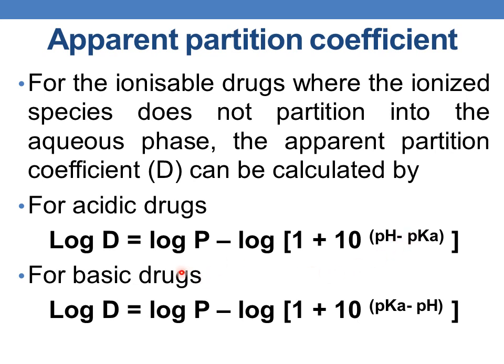For basic drugs, log D is equal to log P minus log of 1 plus 10 to the power of pKa minus pH. Using these formulas we can calculate the apparent partition coefficient of ionizable drugs.